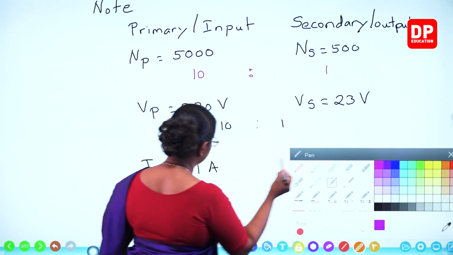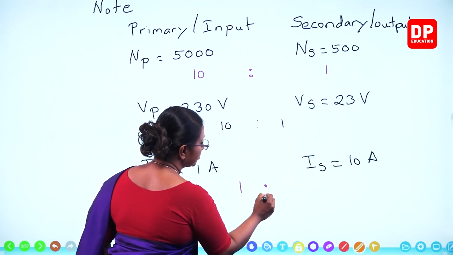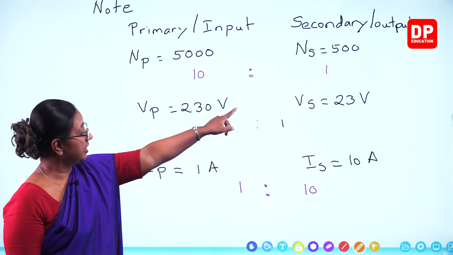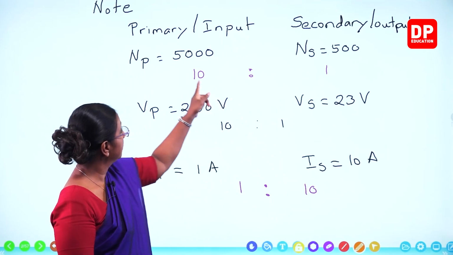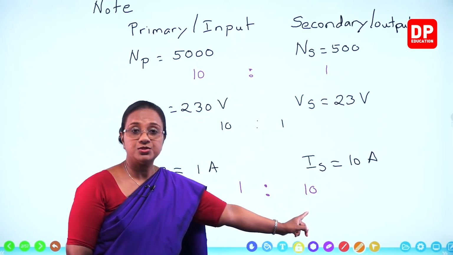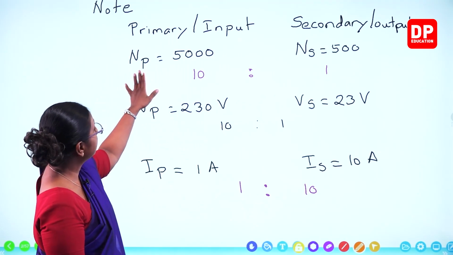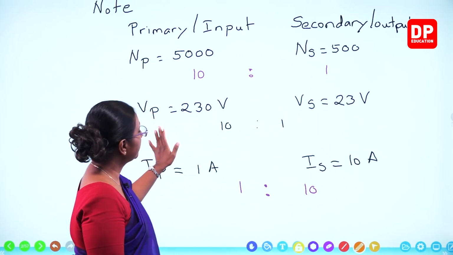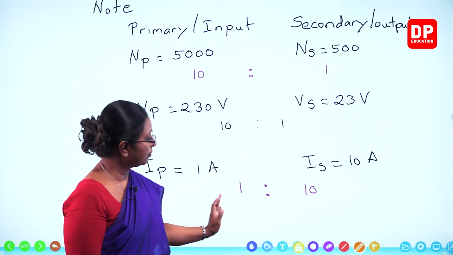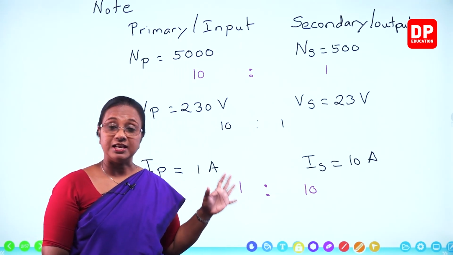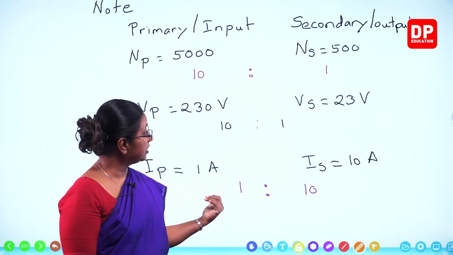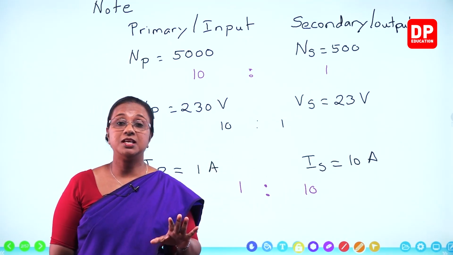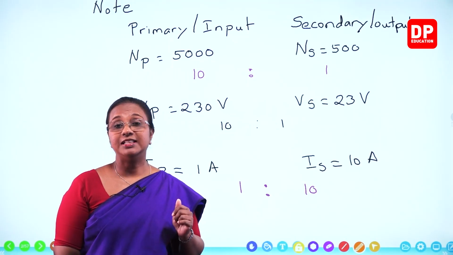There you have to remember the ratio is 1:10. Can you all see? If the voltage decreases, current increases. Here 10:1, here 1:10. So that again depends on the number of turns. Number of turns 10:1. Voltage 10:1. But current 1:10. So if you understand this, you can use this ratio to check your answer after doing the calculation, and also for MCQ questions, you can quickly find the answer.